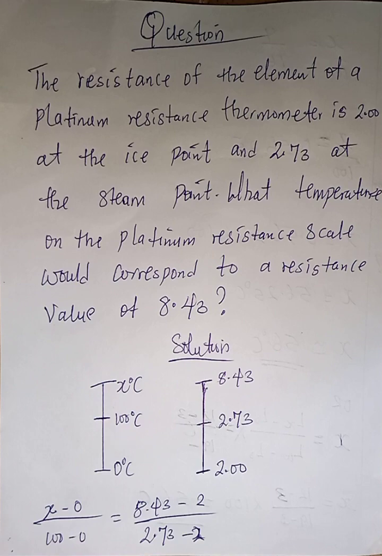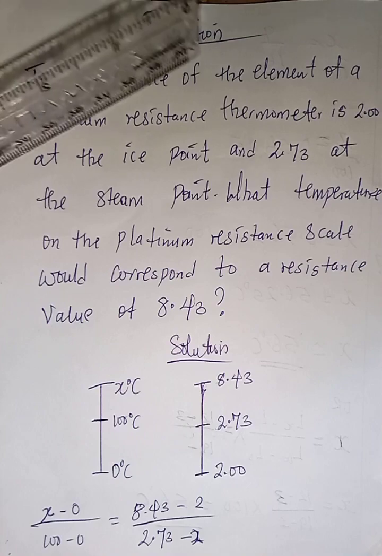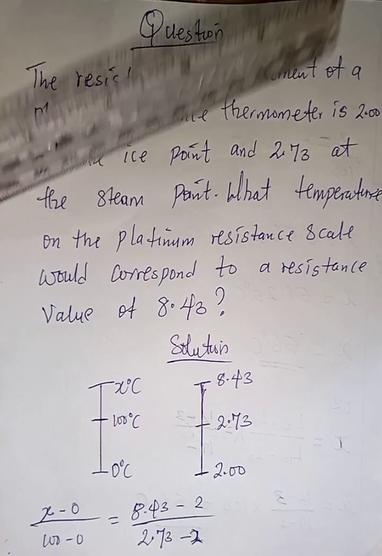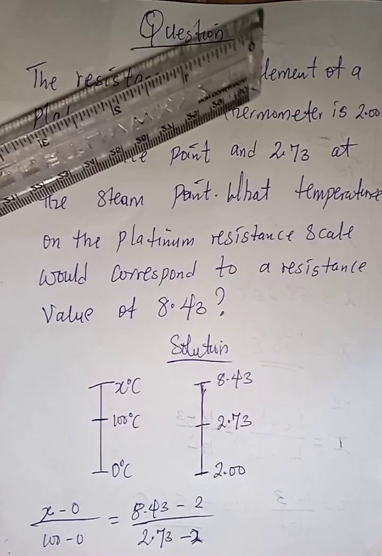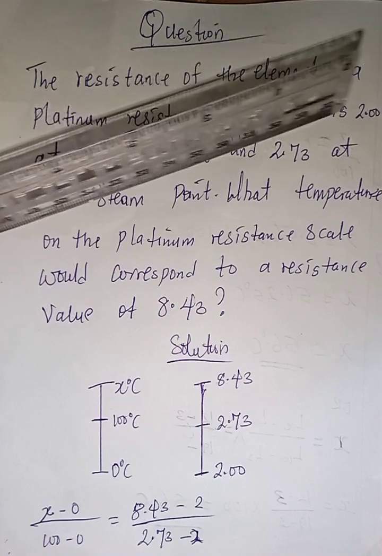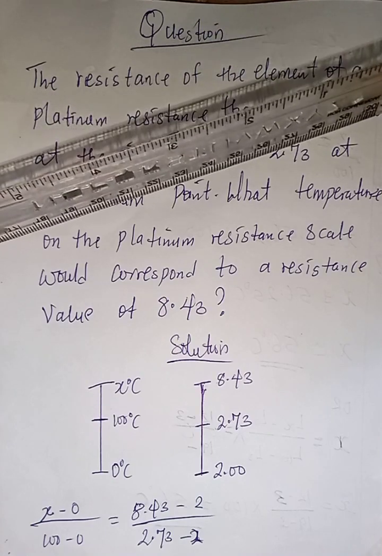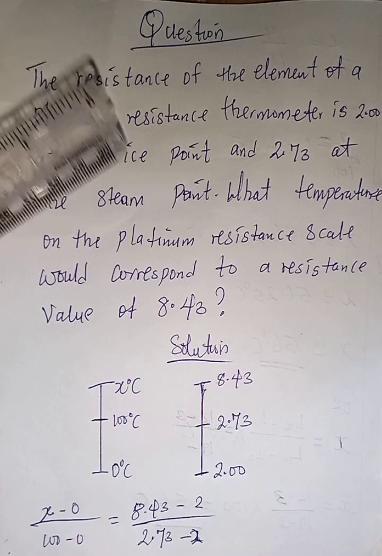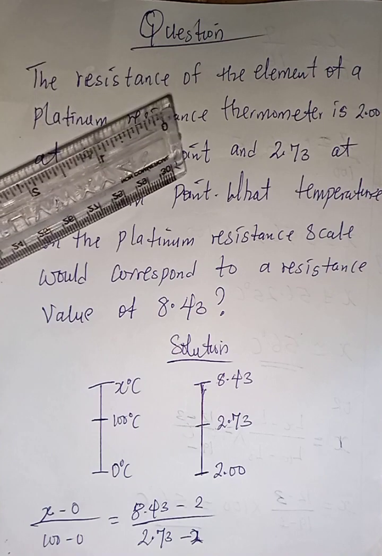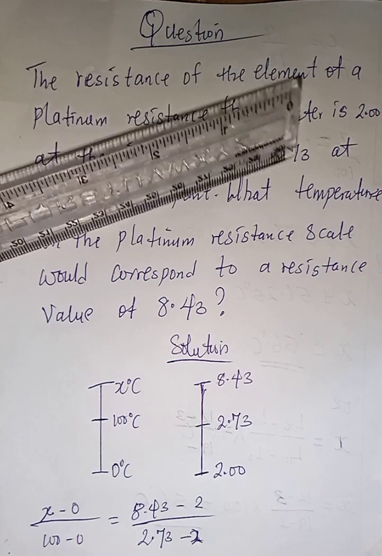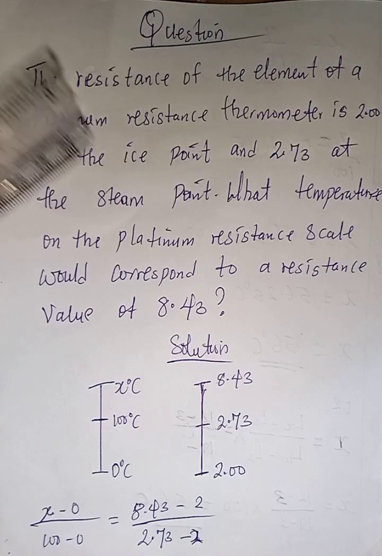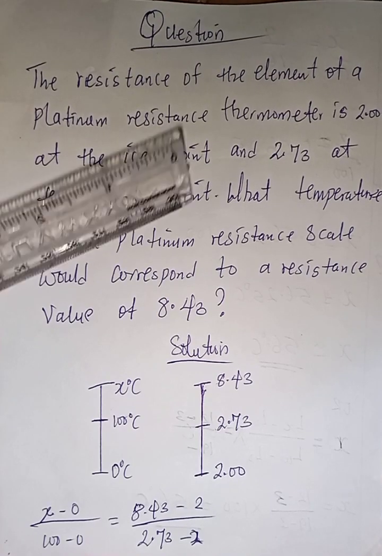Now, let's move to the question we have for today. The resistance of the element of a platinum resistance thermometer is 2.00 at the ice point and 2.73 at the steam point.